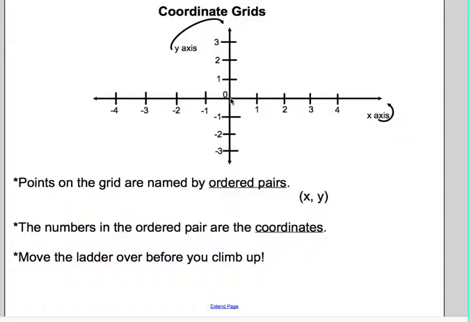I mean, that seems to be the toughest problem. Plotting points on a grid is not that difficult. It's kind of fun sometimes, but you have to make sure that you are doing the numbers in the right order. So my favorite way to remember that is by this saying here, move the ladder over before you climb up. That reminds me that I have to go across first, then up.